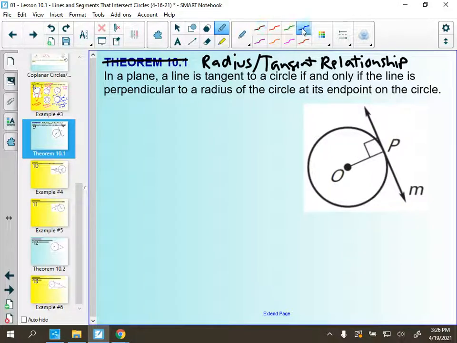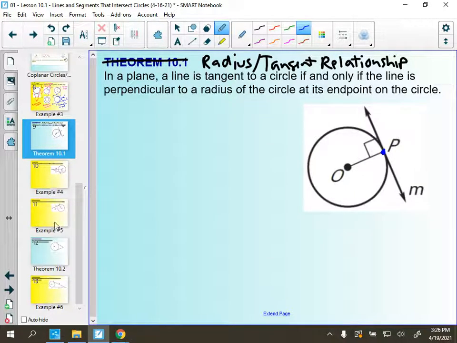So to use another vocab word, if P is a point of tangency, our radius OP would be perpendicular to that tangent at that point of tangency. So if we're told that line M is tangent to the circle at point P, then we would know for a fact that there's got to be a right angle there. All right, so that's one of our theorems.